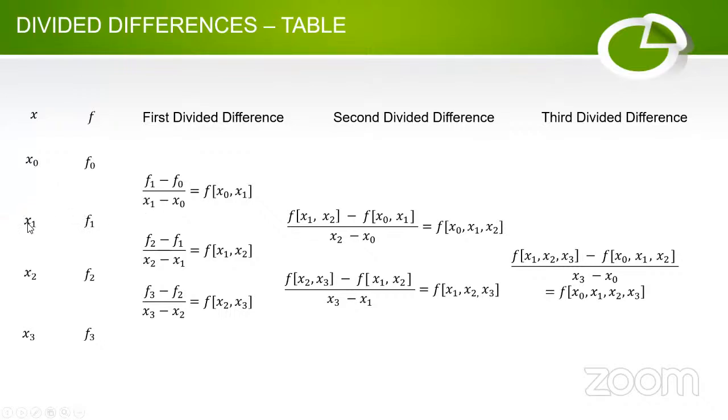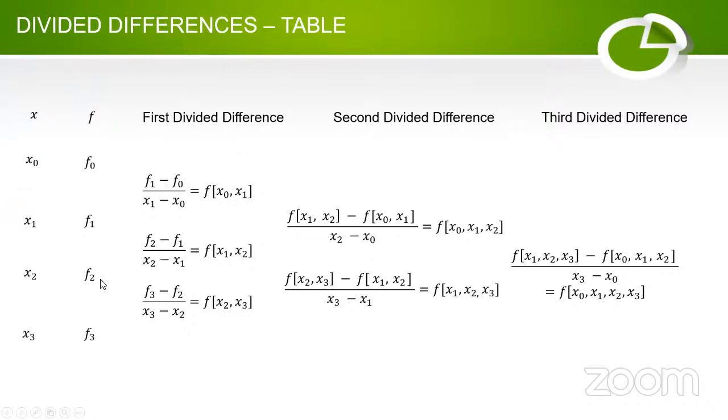So we have x0, x1, x2, and x3. For us to now find this table, what do we do? For the first divided difference, we just take the difference F1 minus F0, divide by x1 minus x0. We'll get our value, and it will be here.